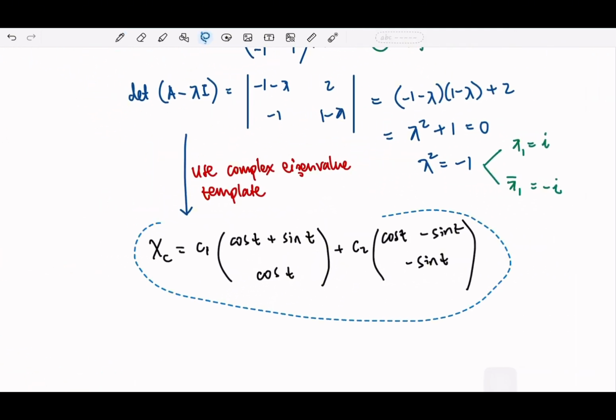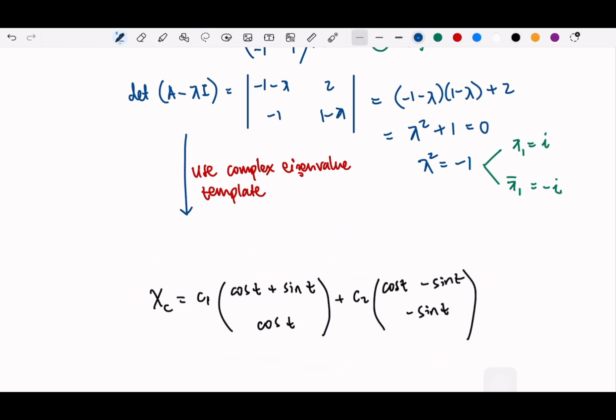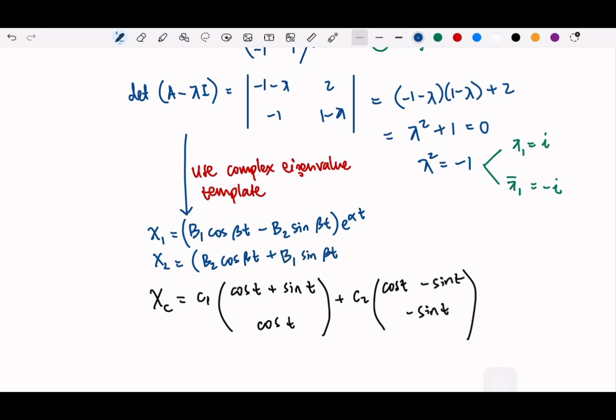Let me write here that x1 is b1 cosine beta t minus b2 sine beta t, times e to the alpha t. x2 will be b2 cosine beta t plus b1 sine beta t, times e to the alpha t, and this is for the eigenvalue alpha plus i beta.